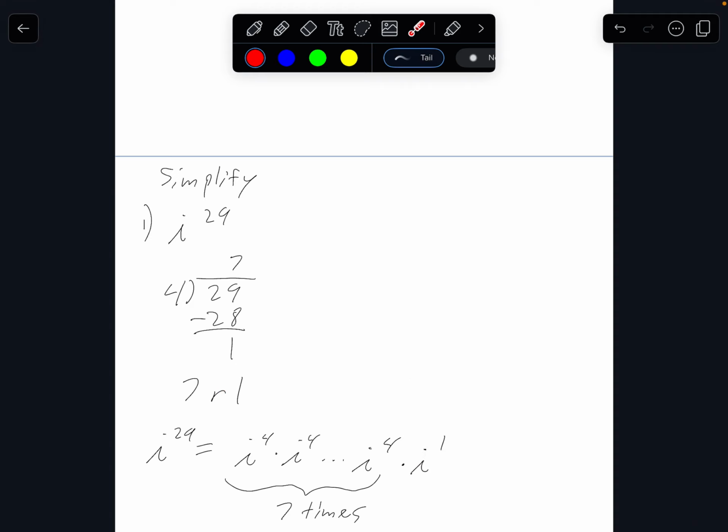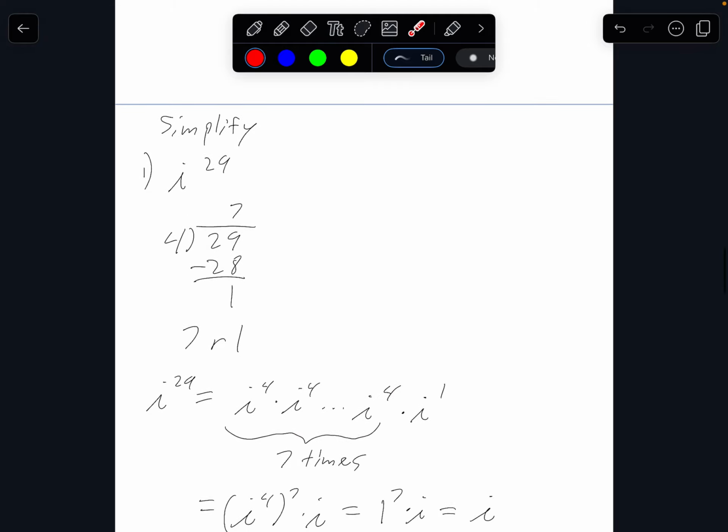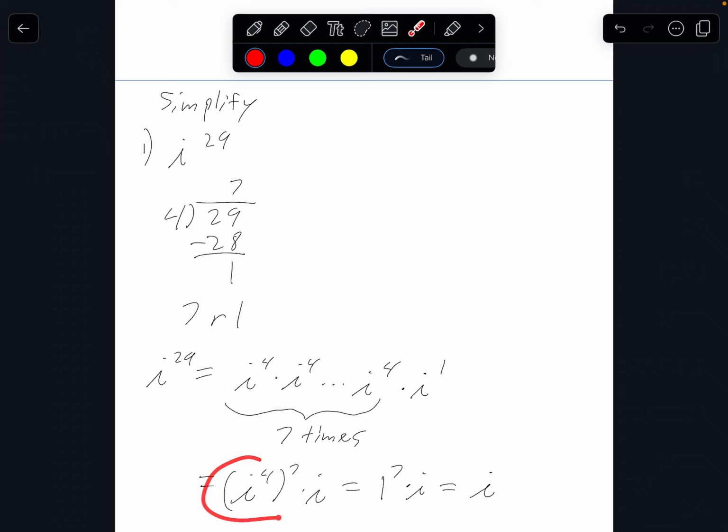Now, I don't expect you to write this out this many times, because this number could just as easily be 25 or 30. Instead, we can write this using exponents. i to the 4th is the base, and it's getting raised to the 7th power, multiplied by i to the 1st power.